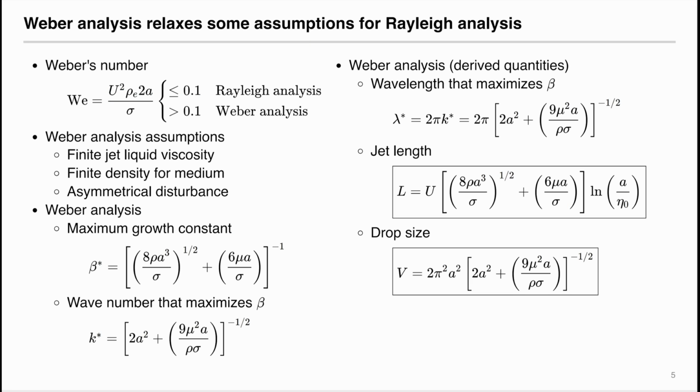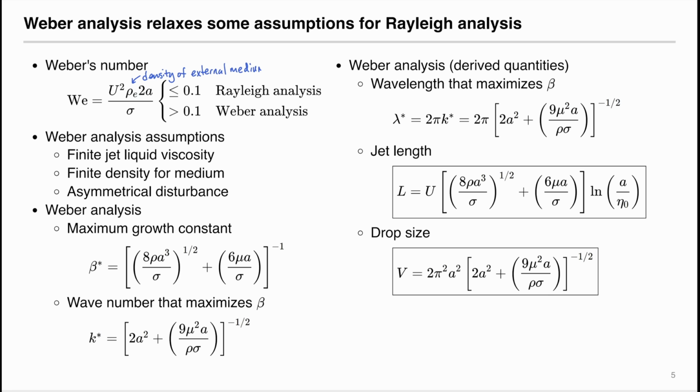To improve Rayleigh's analysis, Weber did some analysis by relaxing the assumptions from Rayleigh's analysis. We now use a non-dimensional number, the Weber number, to determine whether we should use the Rayleigh analysis or the Weber analysis. The Weber number is defined as the jet velocity squared multiplied by the density of the external medium, rho e, where e is the external medium.